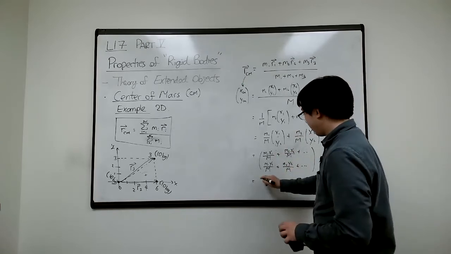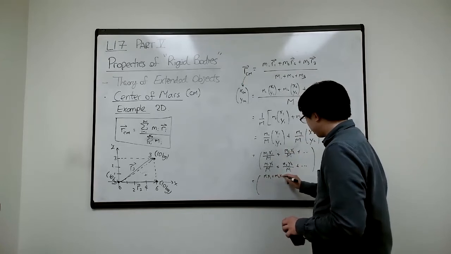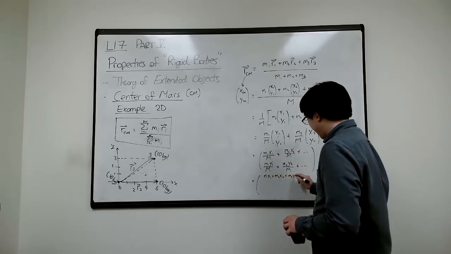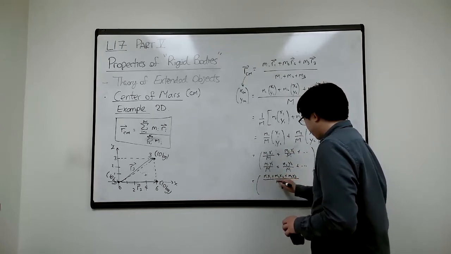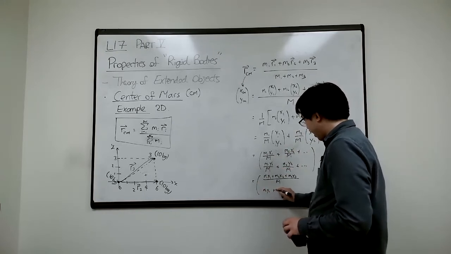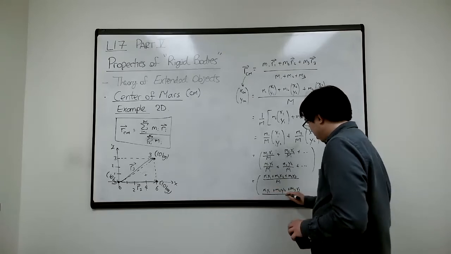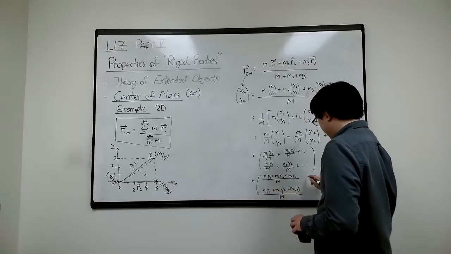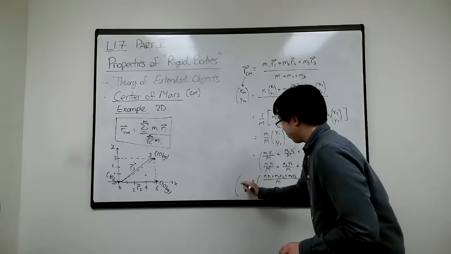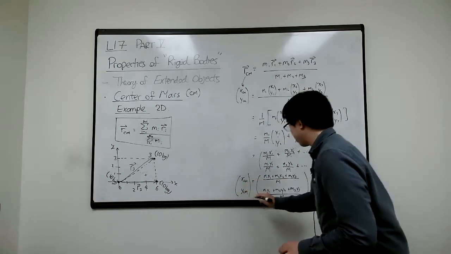And I have on top M1 X1 plus M2 X2 plus M3 X3 over M, and on the bottom M1 Y1 plus M2 Y2 plus M3 Y3 over M, with X_CM and Y_CM.